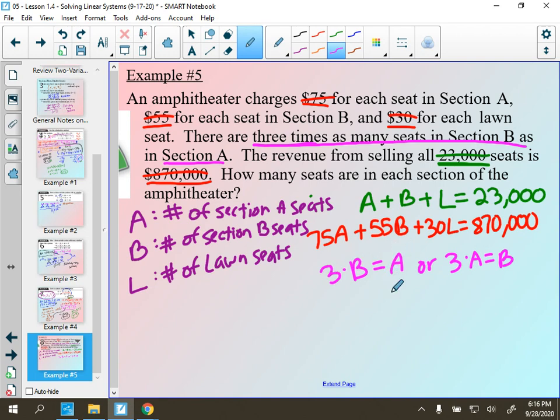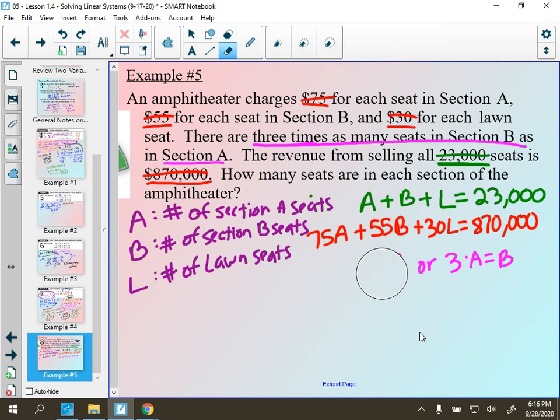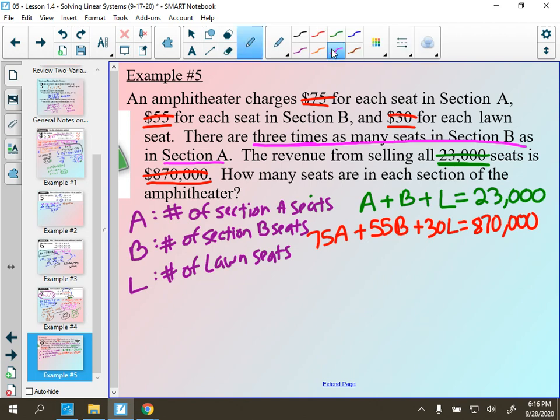It's backwards. I'd encourage you to even write that out like that, just to see it and talk yourself through it a little bit. So I'll rewrite it. 3A equals B ends up being my third equation.